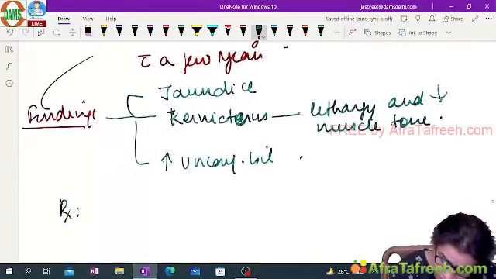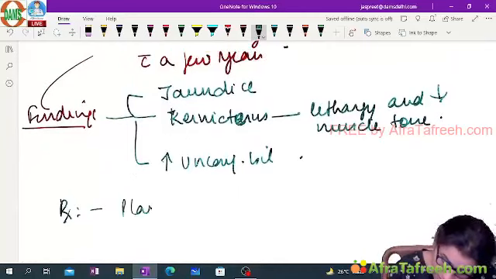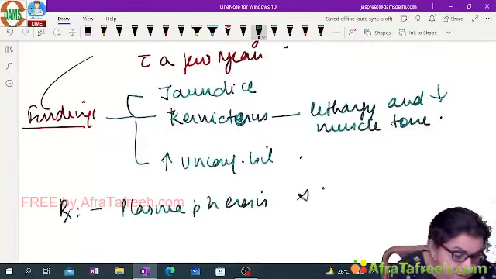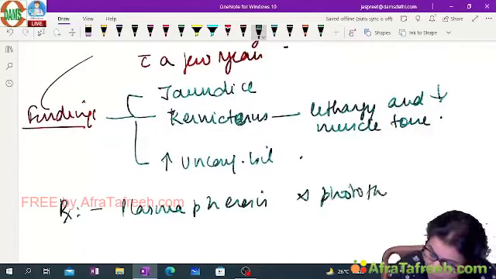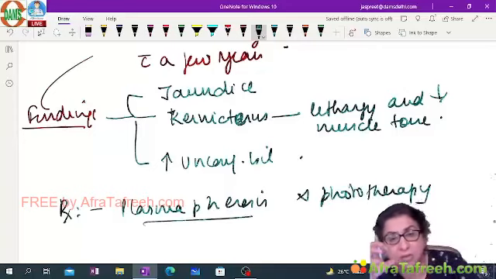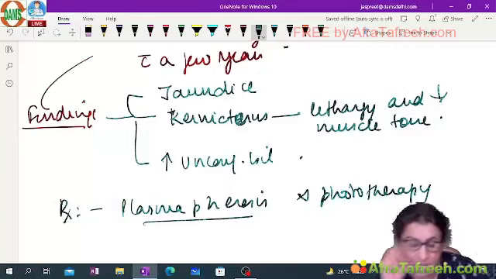Treatment for this severe variety, that is type 1, is plasmapheresis and phototherapy. Now what will plasmapheresis do? Unconjugated bilirubin binds to albumin.